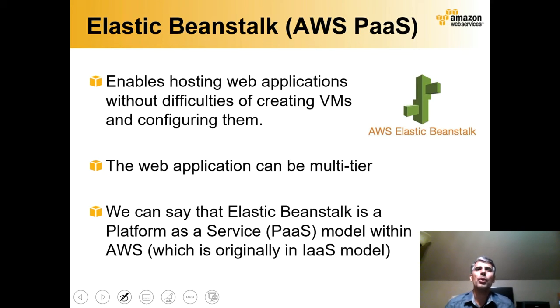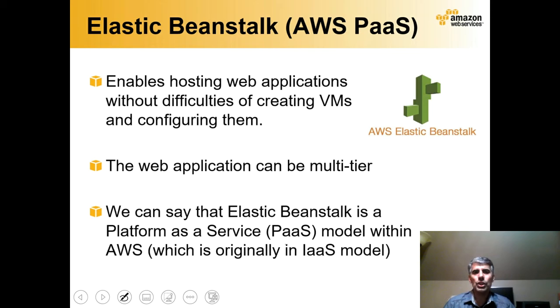In other words, I can say that Amazon provides services in different levels, specifically in the infrastructure as a service level and in a platform as a service level. What we explained in Amazon EC2 is infrastructure as a service level.